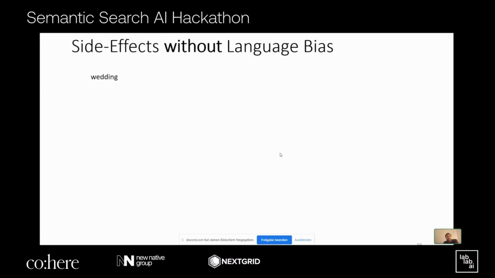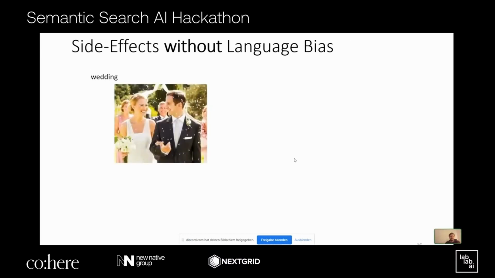However, if you have a model without language bias, which totally ignores the language of the query, you can get the following behavior. For example, you search for the word wedding in an image search setup, and you find a picture of a woman in a white dress and a man in a black suit, the typical American or Western European picture of a wedding.